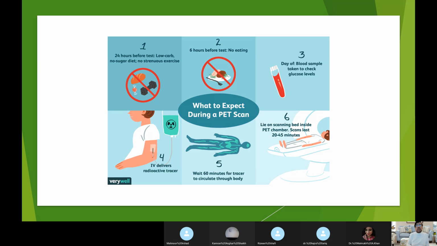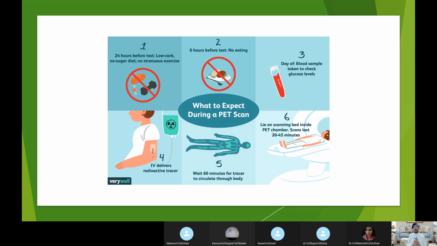Now, what do we expect before we go for a PET scan? It's a complicated process. 24 hours before the test, a low carbohydrate, no sugar diet, and no strenuous exercise. 6 hours before the test, no eating. A blood sample is taken to check the glucose level.